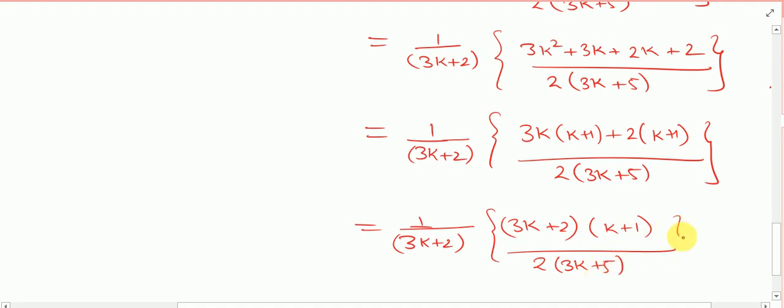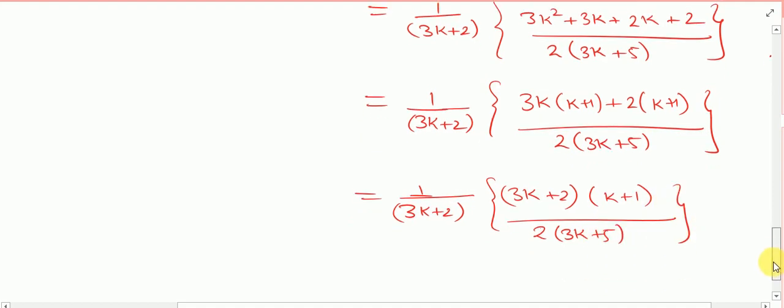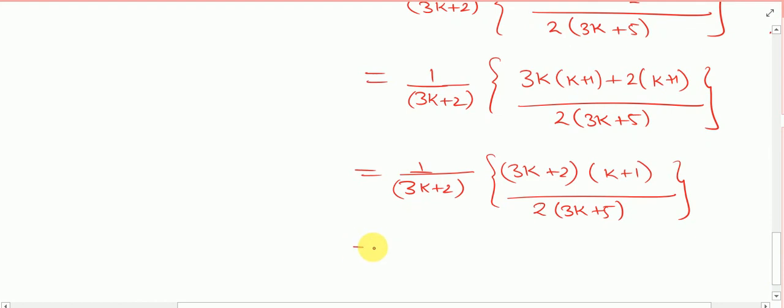Then you can see that this 3k plus 2 and here 3k plus 2 cancel, so you are left with k plus 1 upon, and down you'll get 6k plus 10.